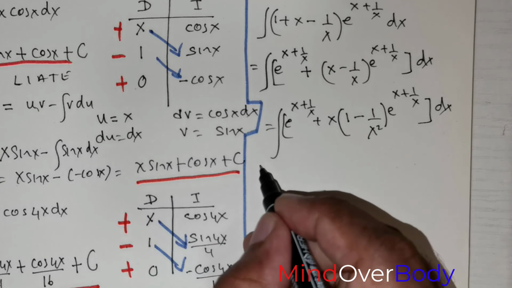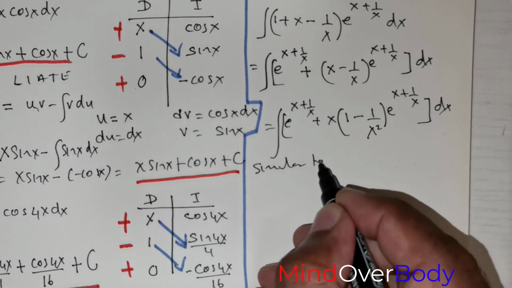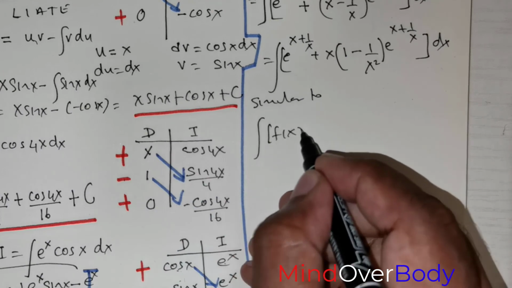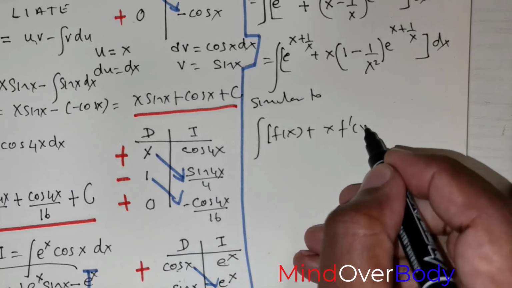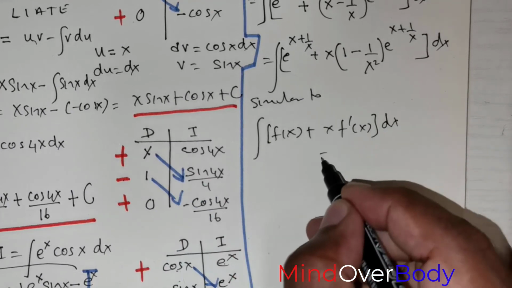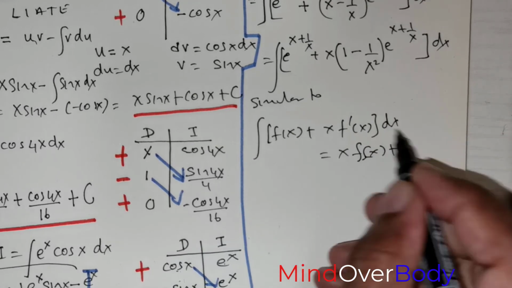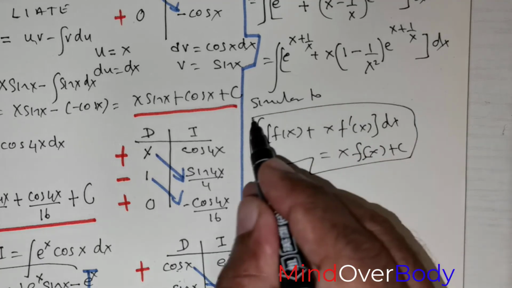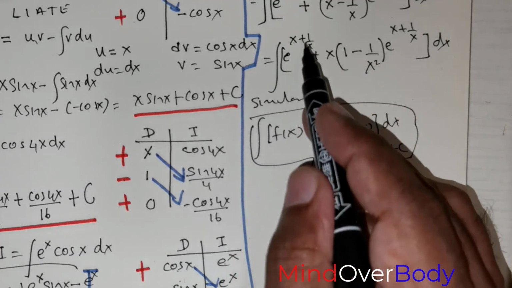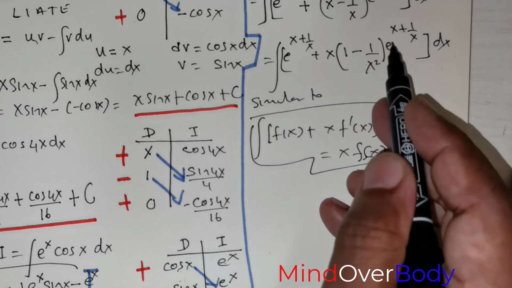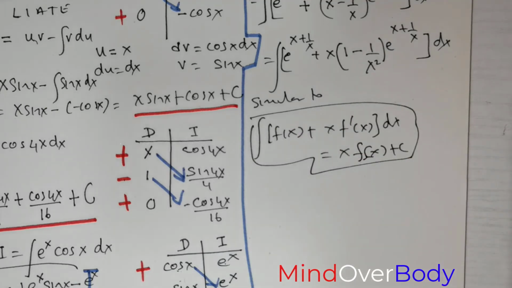Now this is similar to our case integral f of x positive x times f dash of x times dx, which produces the result as x times f of x positive c. Now if we can show that this quantity as a differential of this quantity, then the solution is straightforward.